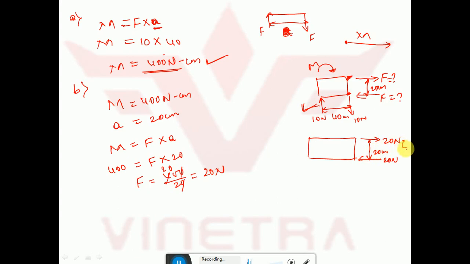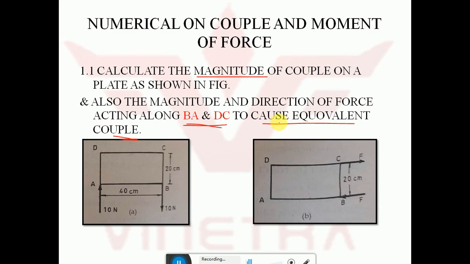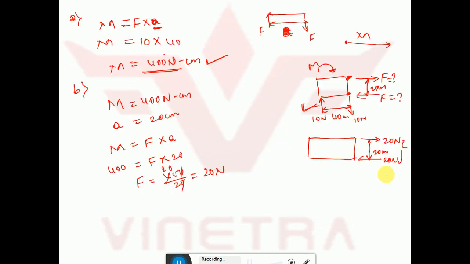Then these two forces are called equivalent forces, the forces that cause the equivalent couple. So because of these two forces, an equivalent couple is produced.